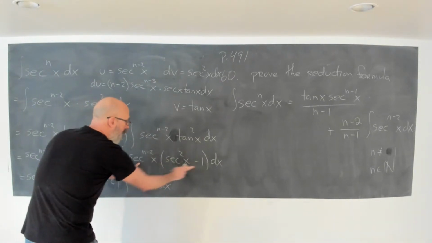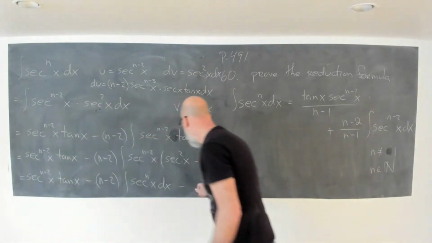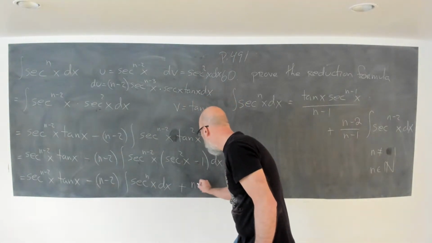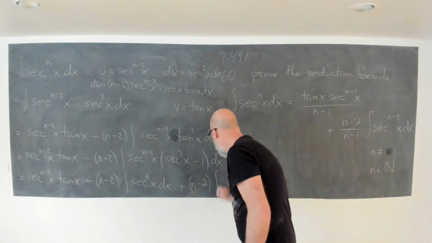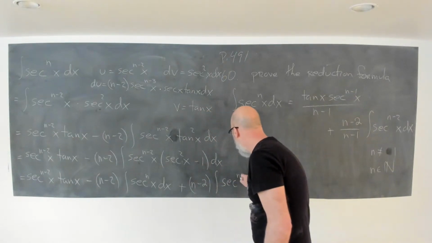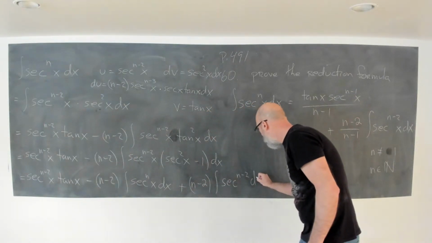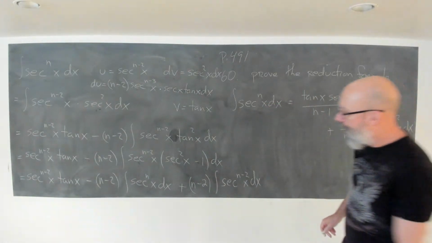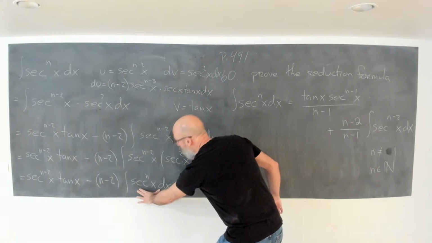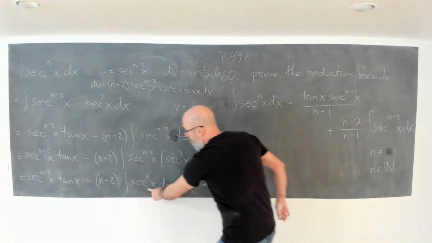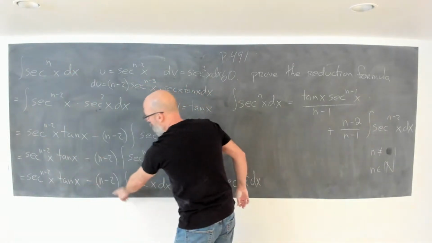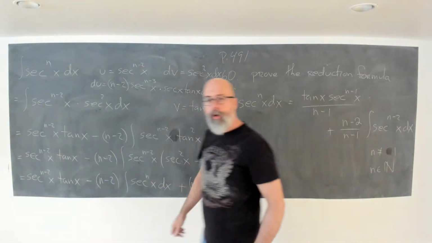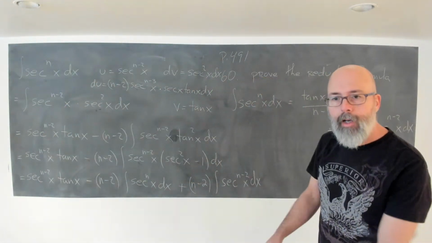Secant to the n minus, so minus, that'll be a plus, secant to the n minus 2. And right, you see what's going to happen? This is the integral you started out with. So if you bring this to the other side, you have n minus 2 plus 1 of them, so you'll get n minus 1.